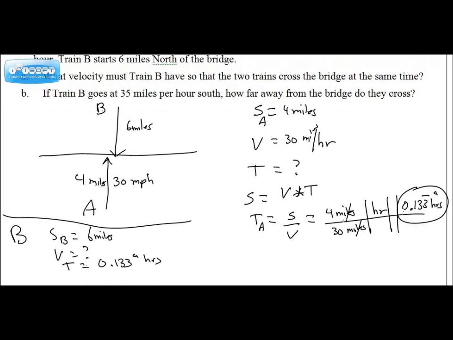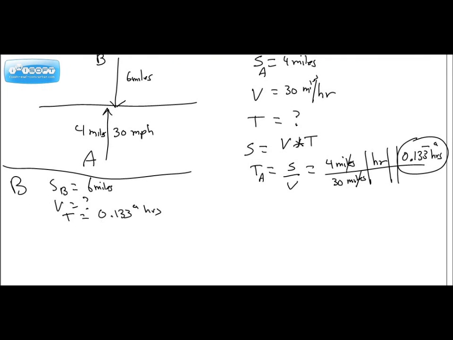I'm going to give myself some more room here. What's my equation? S equals V times T. In this case, they're all B's: velocity B, time B, but my time B is equal to my time A. I'm looking for VB.